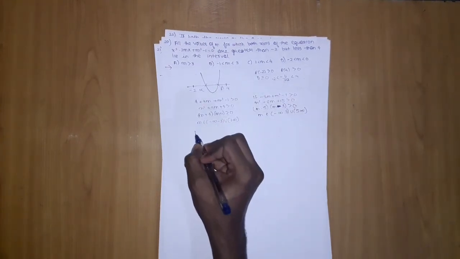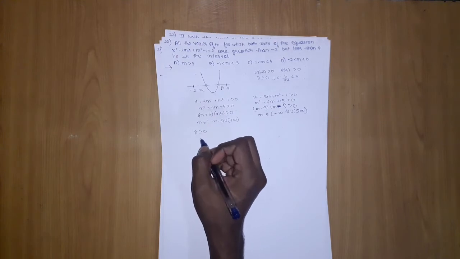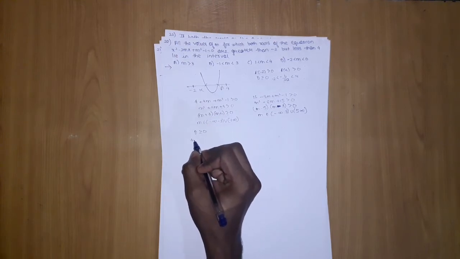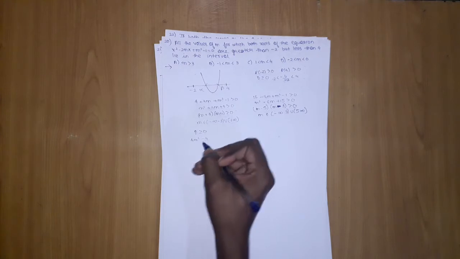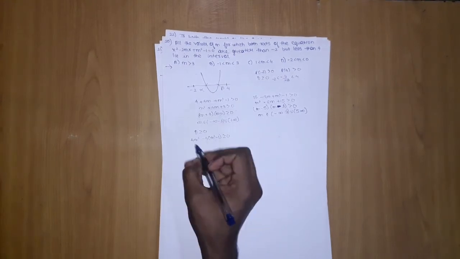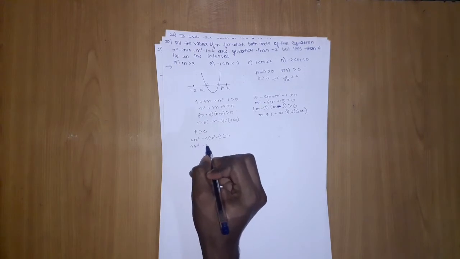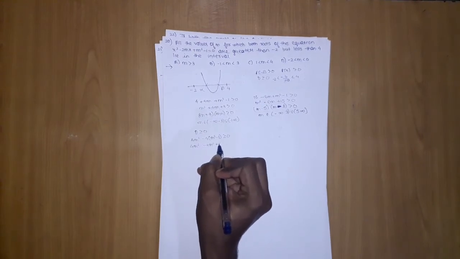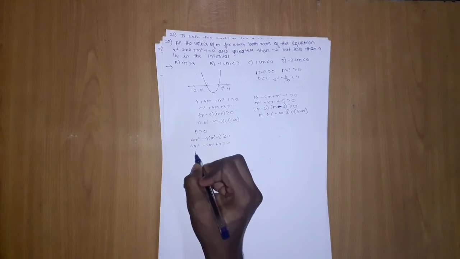Now D should be greater than or equal to 0, so let's check this. It is 4m square minus 4 times m square minus 1 should be greater than or equal to 0. It will be 4m square minus 4m square plus 4. It is always true.